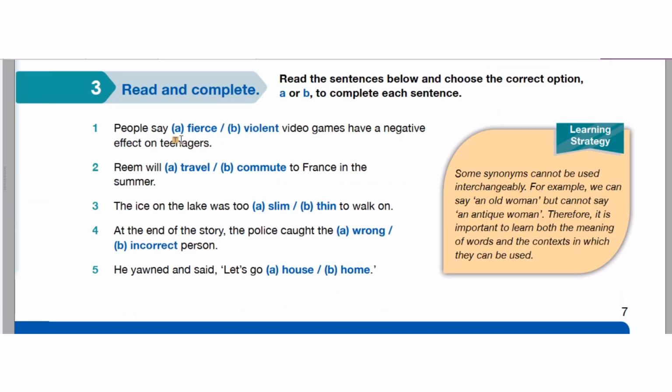We move to the last activity, activity number 3, read and complete. Read the sentences below and choose the correct option, A or B, to complete each sentence. Learning strategy first. Some synonyms cannot be used interchangeably. For example, we can say an old woman, but we cannot say an antique woman.